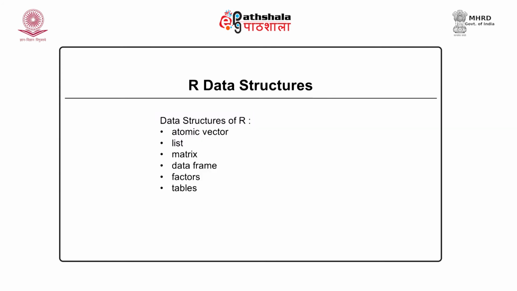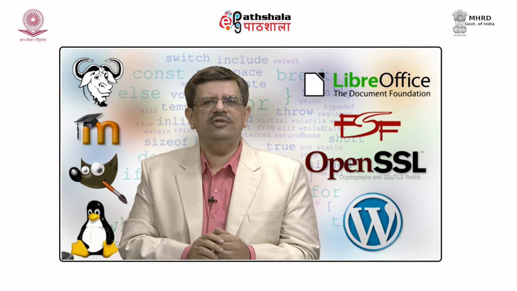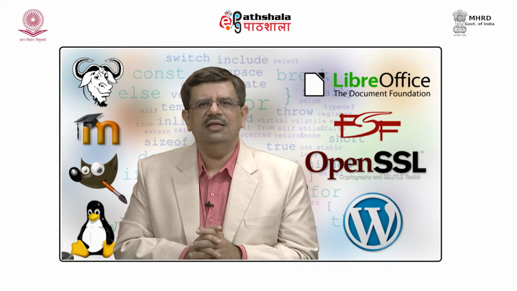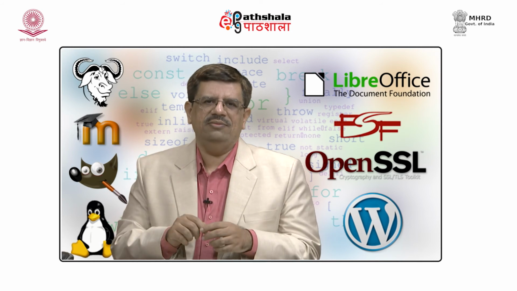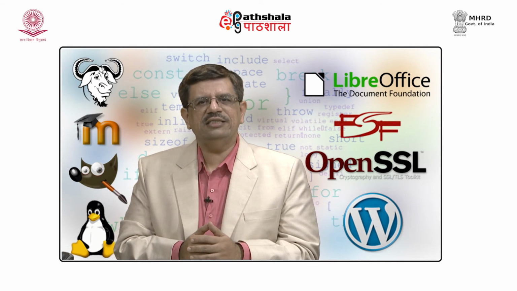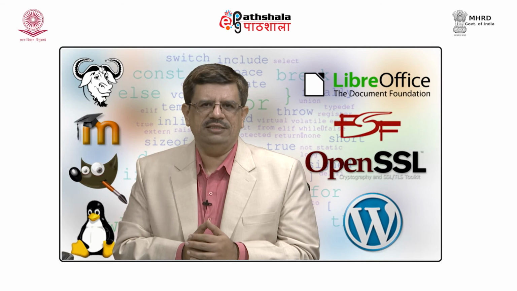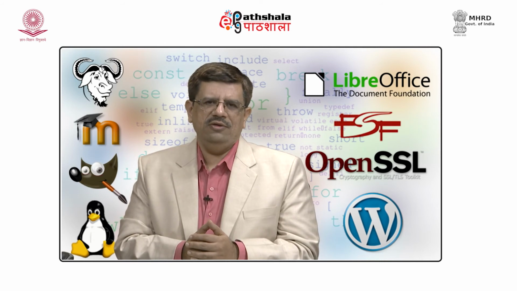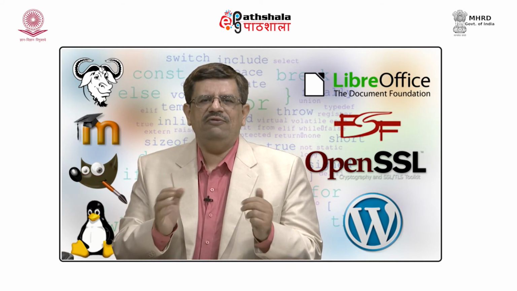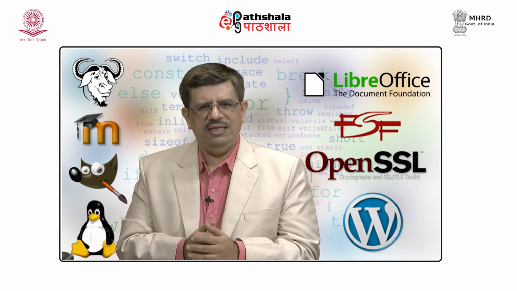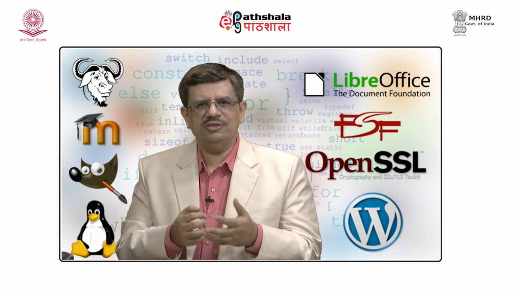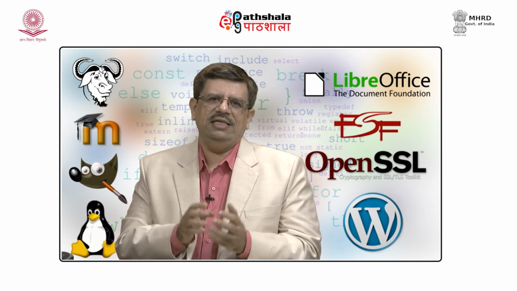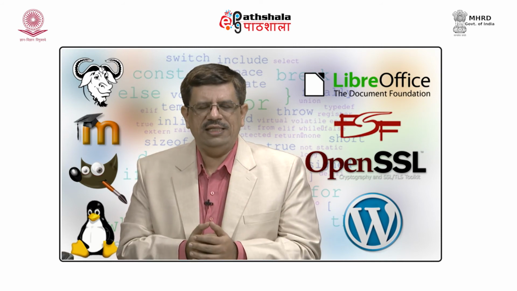Now, apart from variables, R also supports data structures. Generally, we deal with arrays, tables, matrices, and as I said, R is used for data analysis. So, usually data will be provided in the form of an Excel file. We load data from the Excel file, we do some calculations, we do analysis over those data, and we can create graphs or plots from that data.